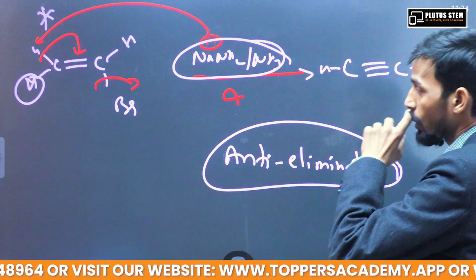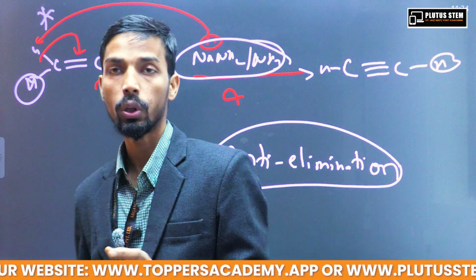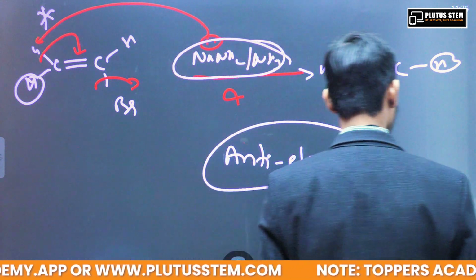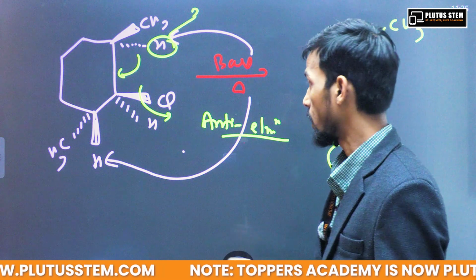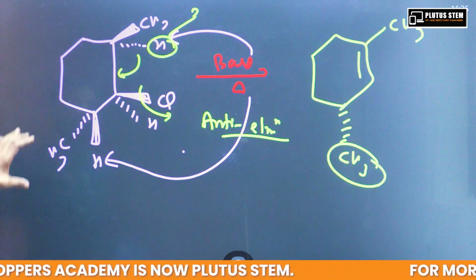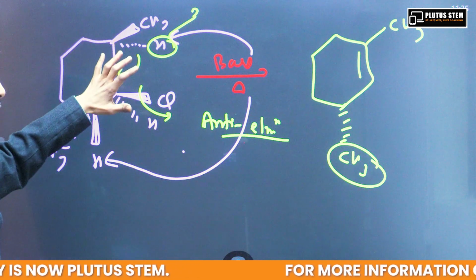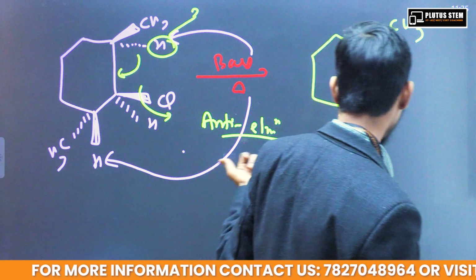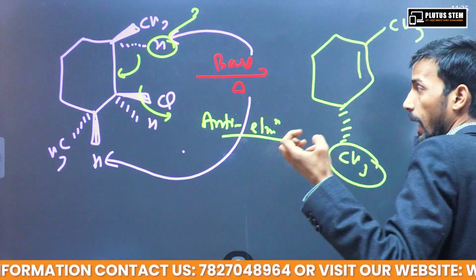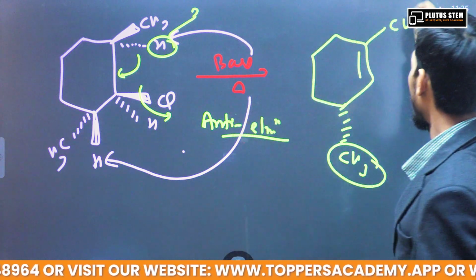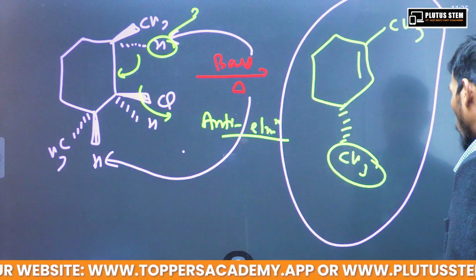And I've told you that this reaction generally follows anti-elimination. The hydrogen and the leaving halogen should be opposite to each other. We have also discussed a very important example where syn elimination does not take place preferentially as compared to anti-elimination. The hydrogen that is anti to Cl is abstracted by this base, and we get this one as the major product.